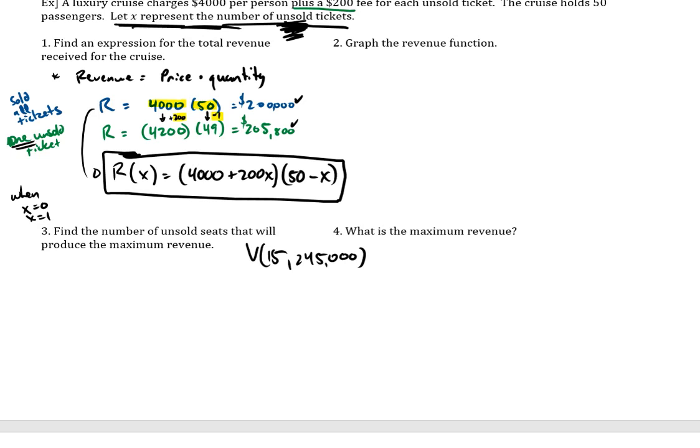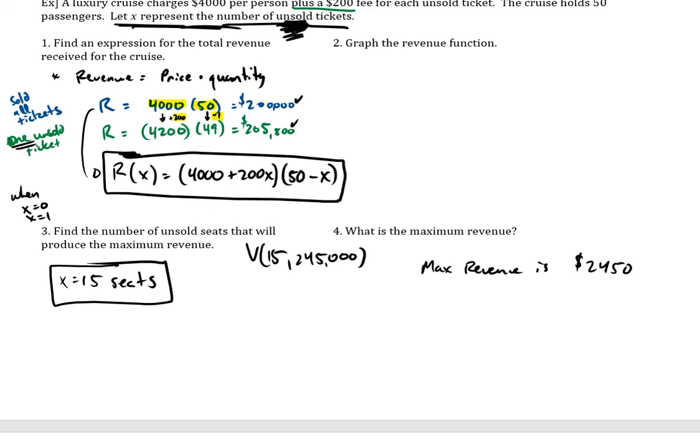Okay, so that's our vertex. The unsold seats was x. So the number of unsold seats that produce the maximum revenue is x equals 15. So it's the x-coordinate that they want for number 3. The maximum revenue is the y-coordinate. Max revenue is the $245,000. So that's it.